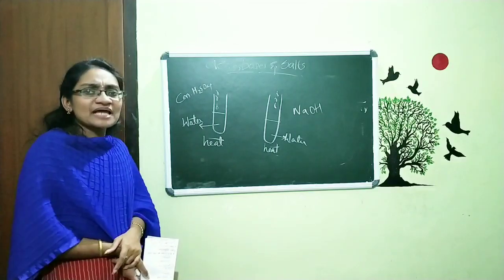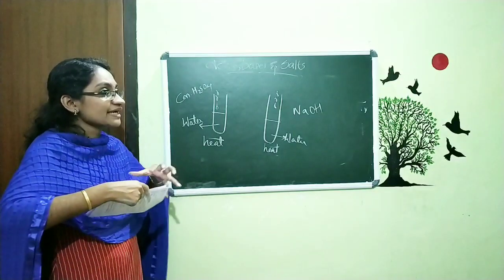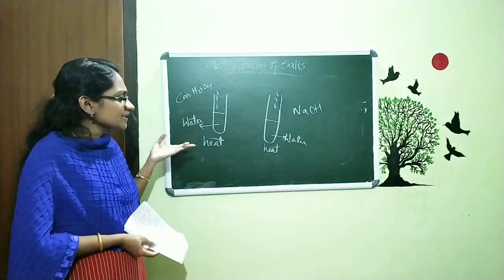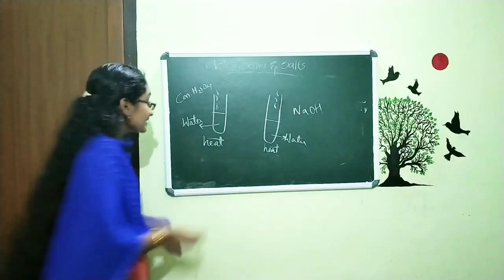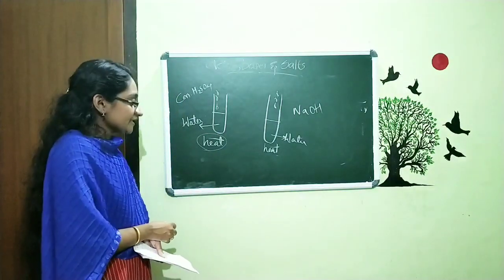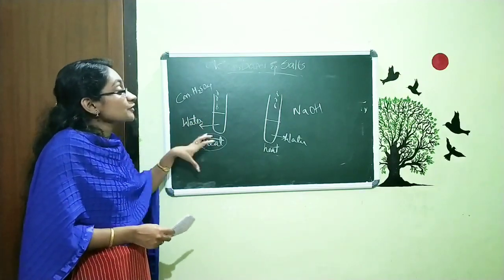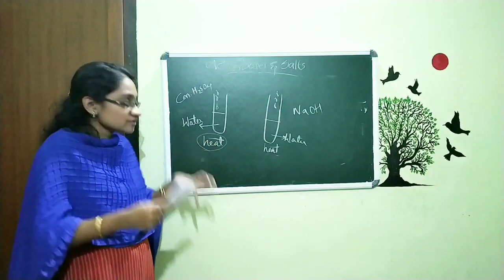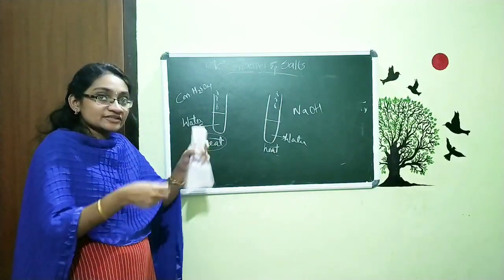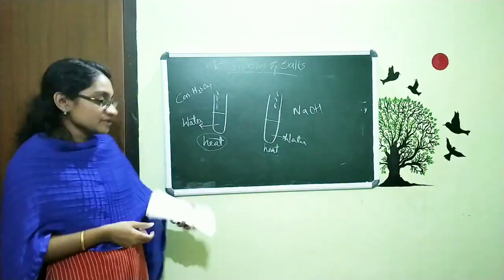What is the reason? For an explosion, a certain type of energy is needed, and that energy is nothing but heat energy. So the high amount of heat energy produced will cause this explosion. To reduce the production of heat energy, we continuously add small amounts of acid and keep shaking.